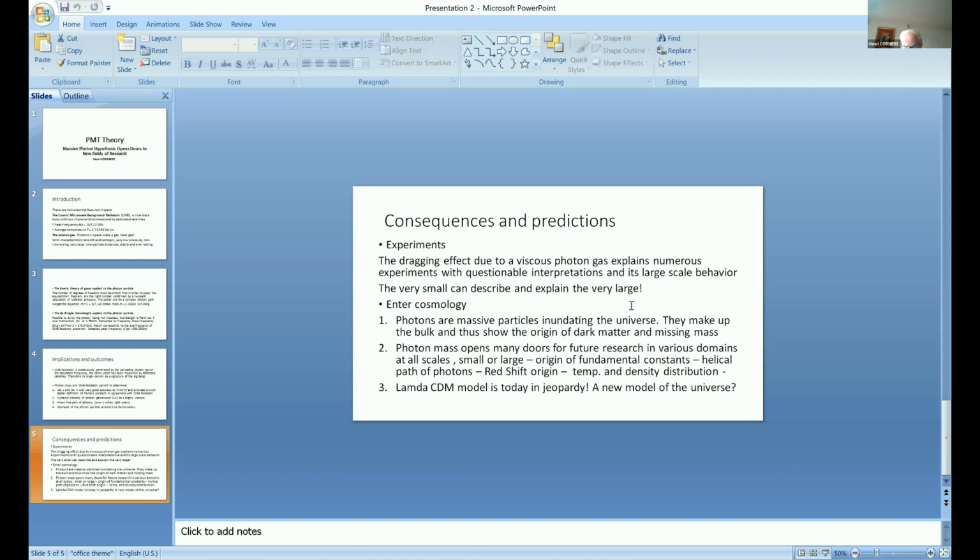We know that for the time being, we have the lambda CDM, lambda cold dark matter model. This is the Big Bang, actually. It is today in jeopardy because of the discovery of large galaxies in deep space with a new space telescope, and also because the CMB origin was found to be due to the photon gas.